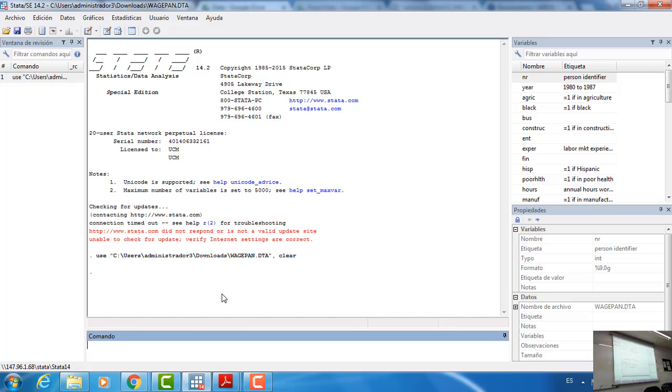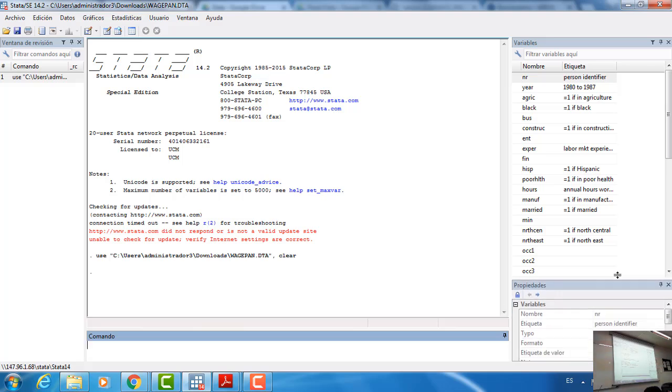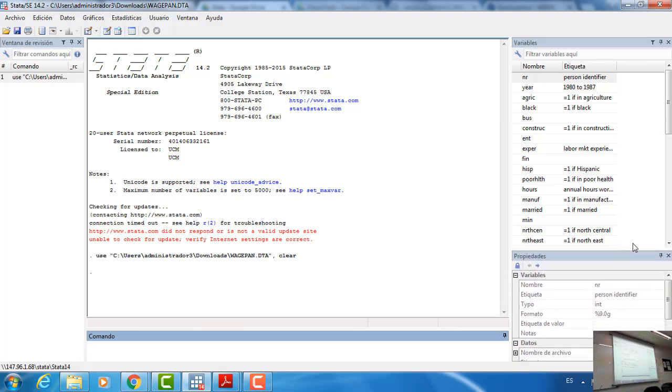So now we have nr, the personal identifier, year, and then whether the person works in agriculture, black, business, construction, and experience, Hispanic, poor health, hours, manufacturing. What we care about in this particular data set is wage.